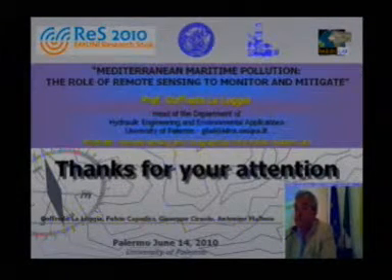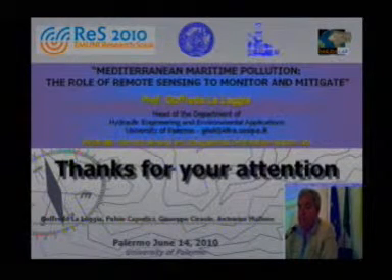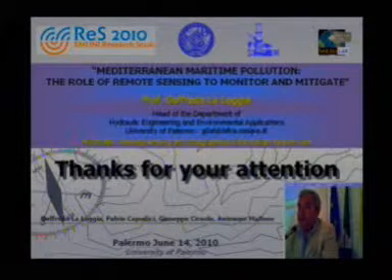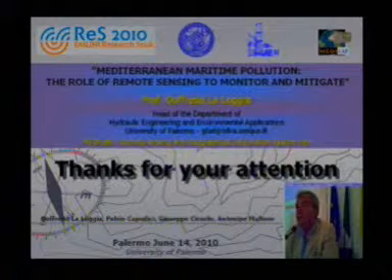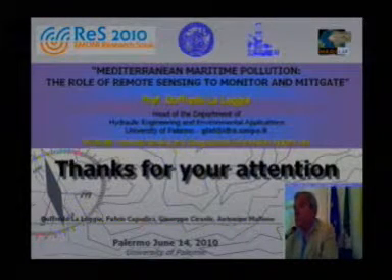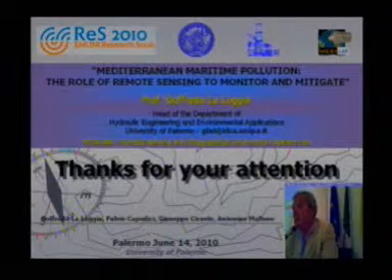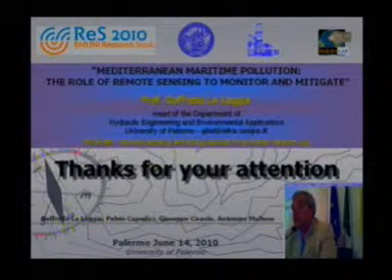So this is all, and I hope to have shared with you the information about the way in which we can mitigate pollution in maritime areas, putting together remote sensing and hydrodynamic modeling in order to forecast where the spill is going.